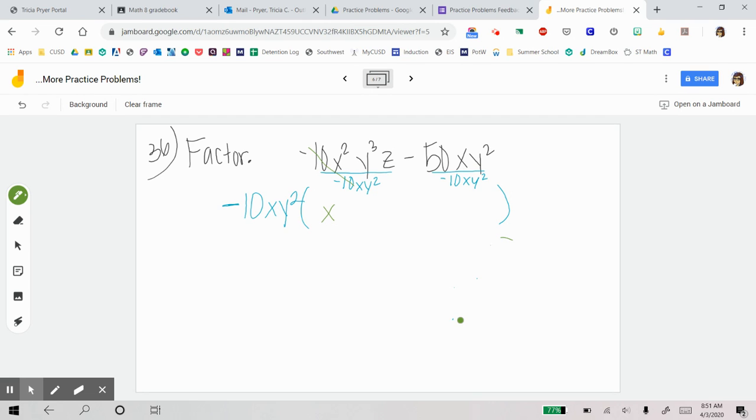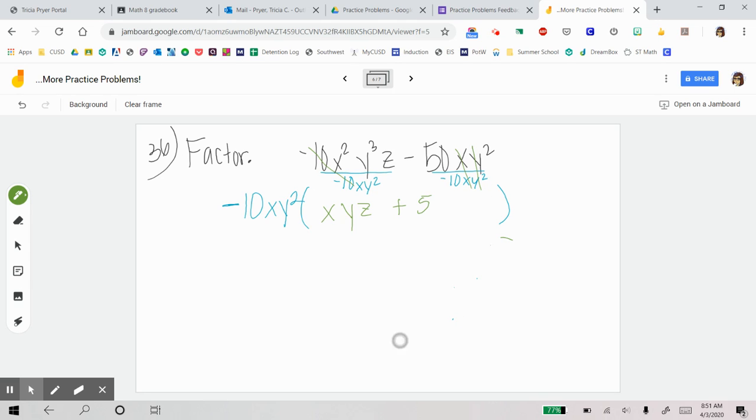And y cubed divided by y squared is just 1y left over. And then we still have that z. Okay. On the next term, negative 50 divided by negative 10 is now a positive 5. X divided by x, those cancel. And y squared divided by y squared, those cancel.